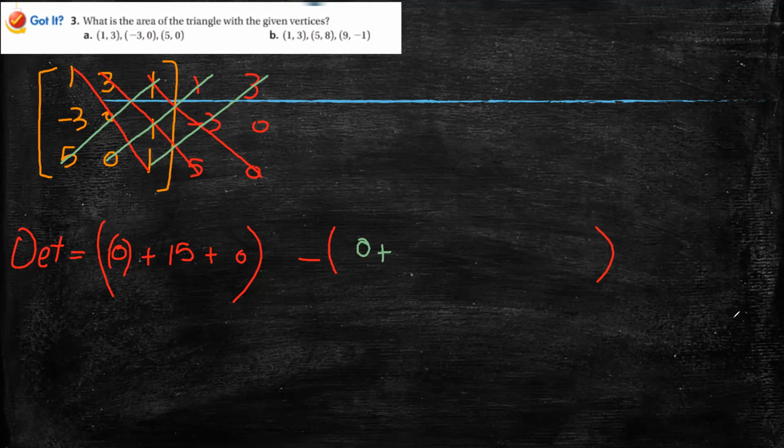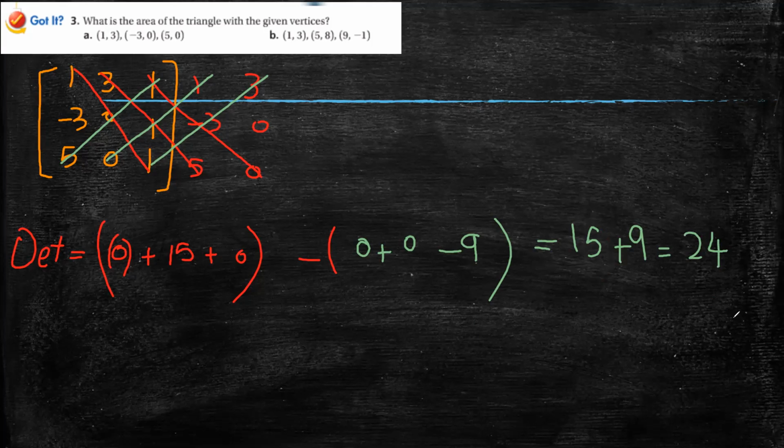Plus 0 times 1 times 1, 0. Plus 1 times negative 3 times 3 is negative 9. So it is 15 plus 9, which is 24.